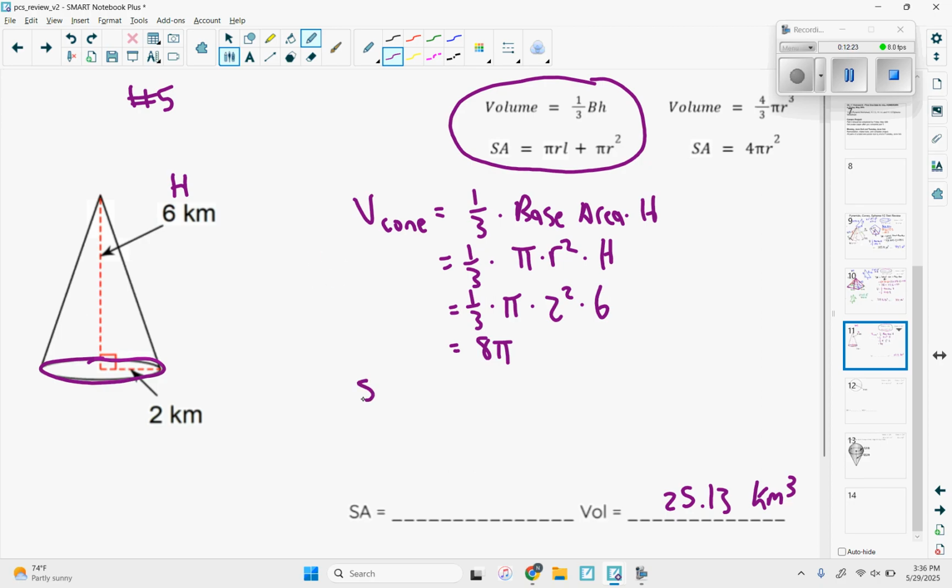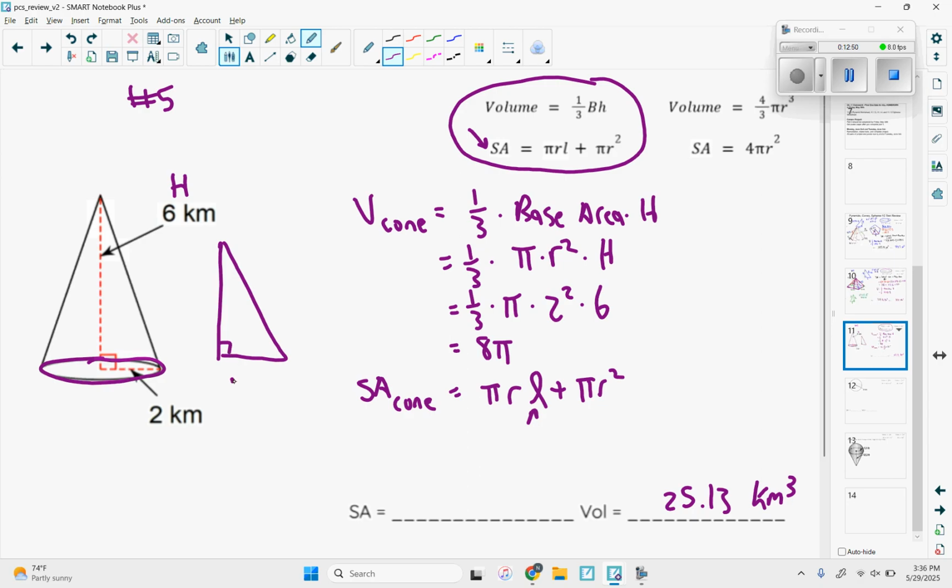Surface area. Surface area of a cone is this formula right here. That's pi times the radius times the slant height plus pi r squared. When we're looking at this, we do not know the slant height yet. So whenever we want to find slant height or true height, we're going to make that right triangle in our shape.